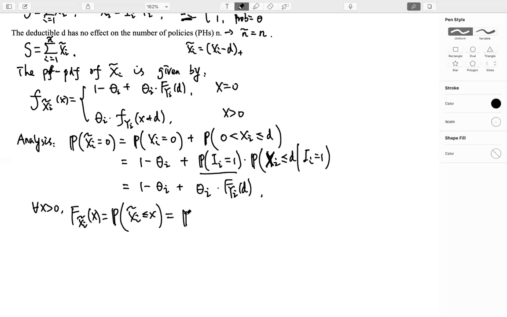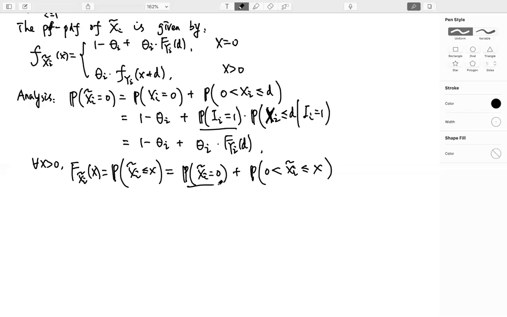It may be 0 or strictly greater than 0, but less than small x. This part is a constant, which we already derived, so I just keep it. I don't want to write 1 minus theta I plus theta I times the CDF.